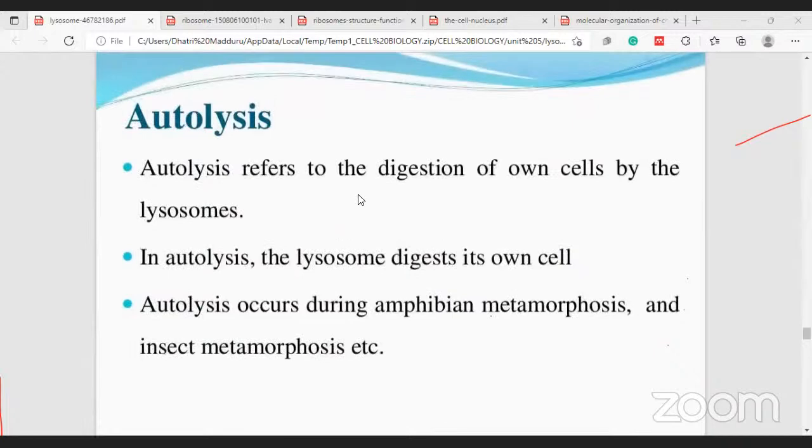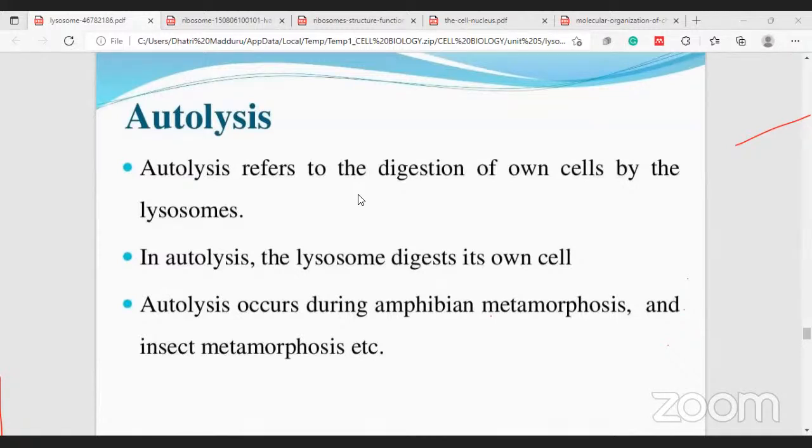Next is autolysis. It is the digestion of one's own cells by lysosomes. In autolysis, lysosomes digest their own cell, and it occurs during amphibian metamorphosis and insect metamorphosis. For example, a tadpole will become a frog. If you look at the structure, this is completely different from that.